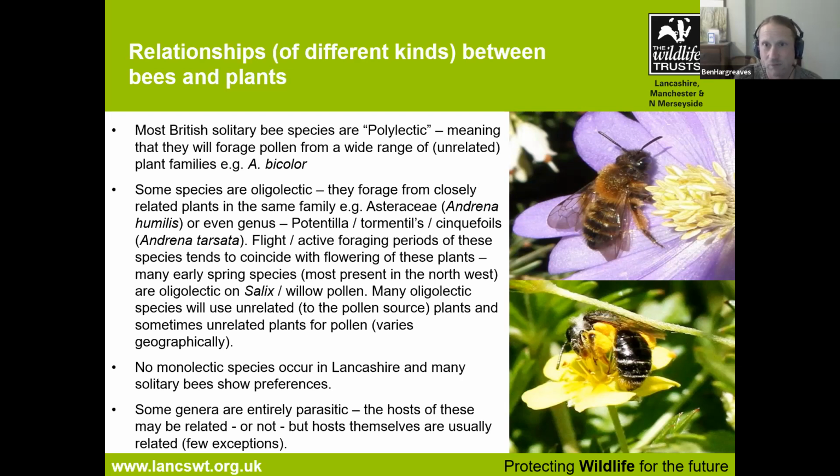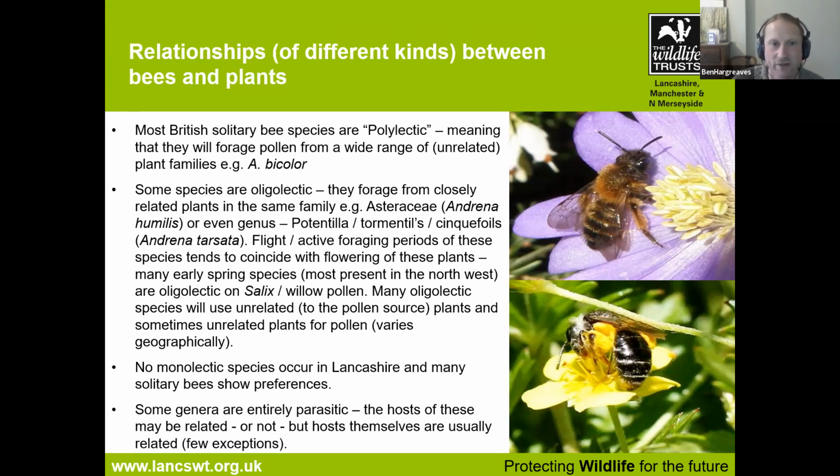A good regional example, thanks to Alan Holmes for the bottom right picture, is the tormentil mining bee, and a much wider range of bees are completely reliant on willow pollen, spring flying species. We don't have any monolectic species in Lancashire, or indeed in the northwest. We have three, I think, in the UK, in the south.